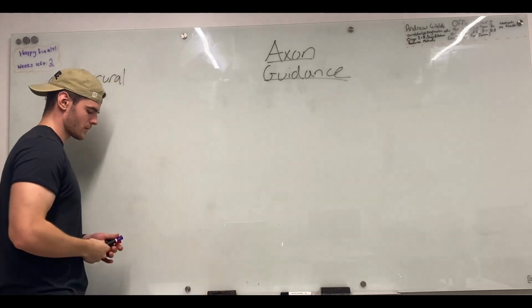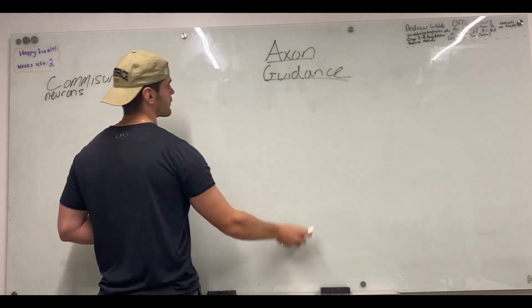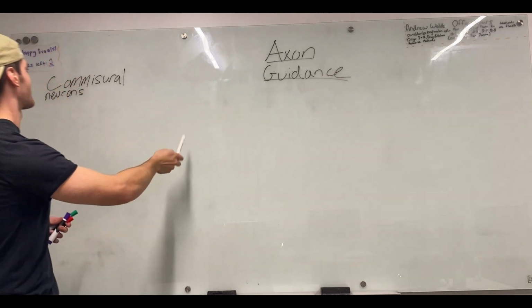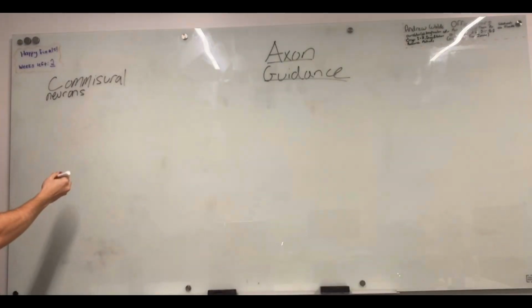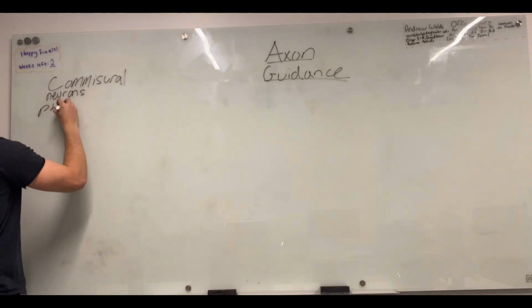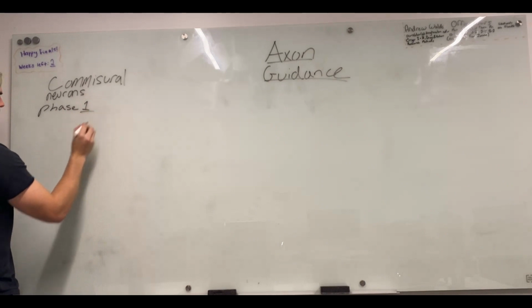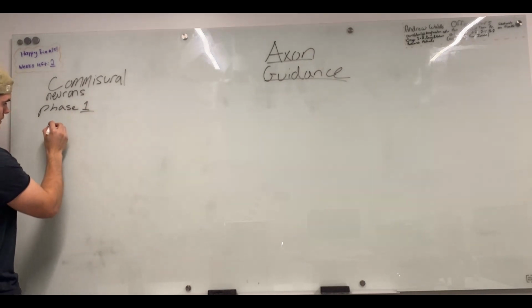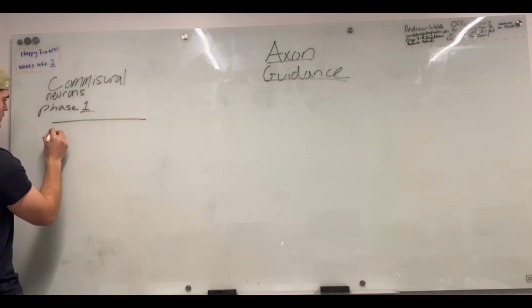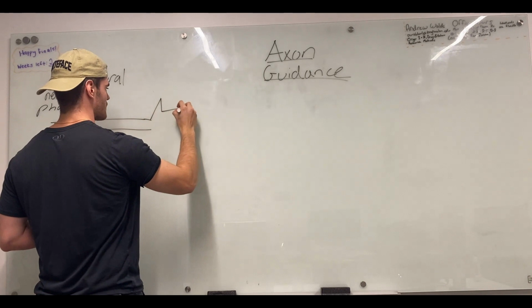All right. So now diving into the process of the axon guidance of commissural neurons, we have phase 1. Okay. Phase 1. This axon is new. It is forming and moving.